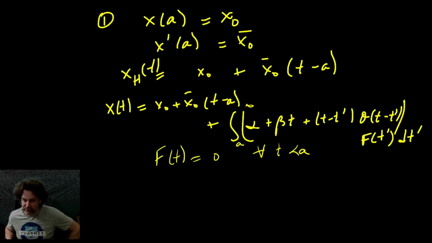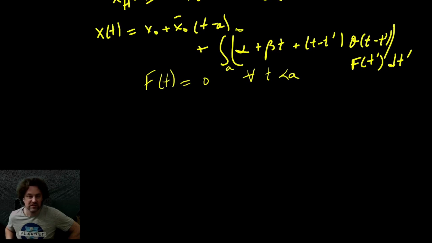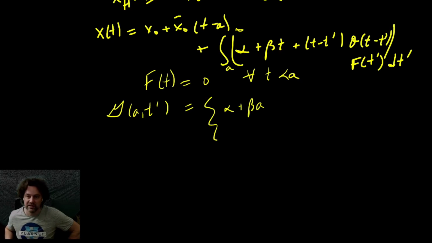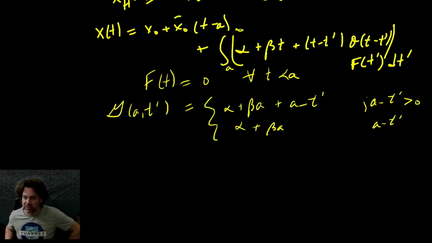And now if we look at exactly what g at a and g prime at a are, what are those values? G at a is alpha plus beta a plus (a minus t prime), provided a minus t prime is greater than 0, and it is alpha plus beta a if a minus t prime is less than 0.